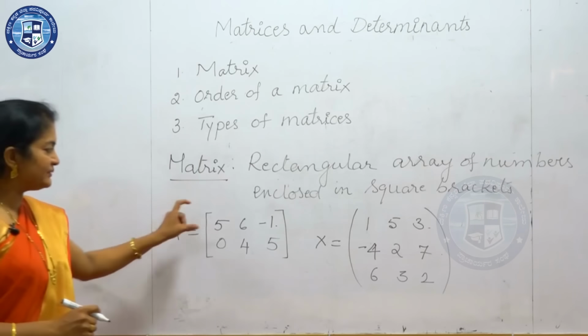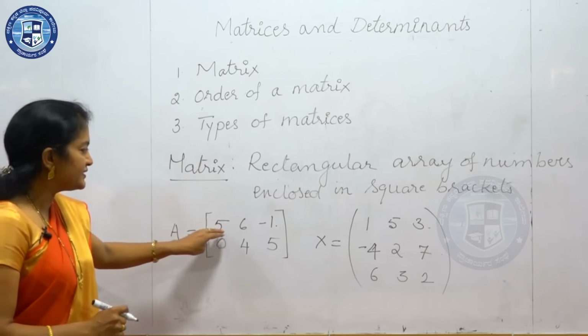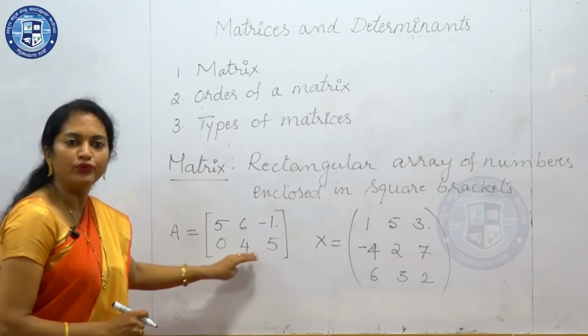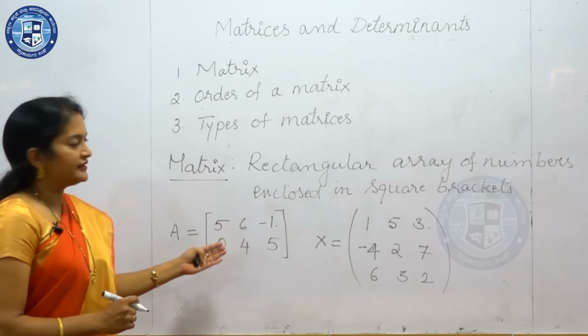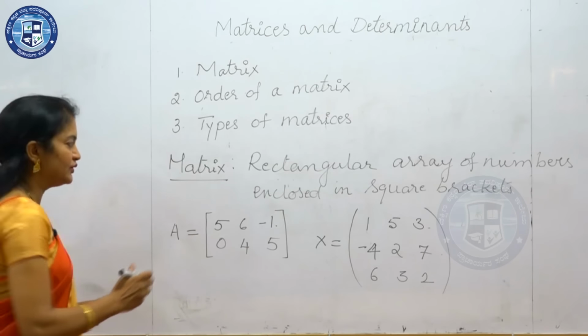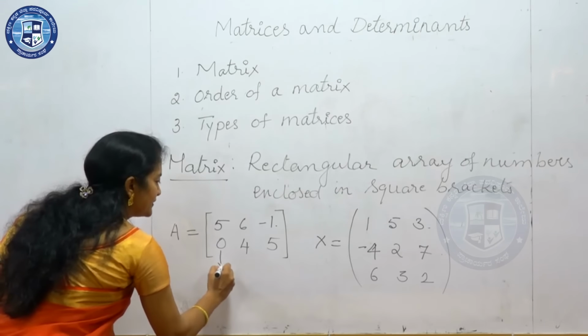Now in this matrix you can see the numbers 5, 6, -1, 0, 4, 5, etc. These are called the elements of the matrix.